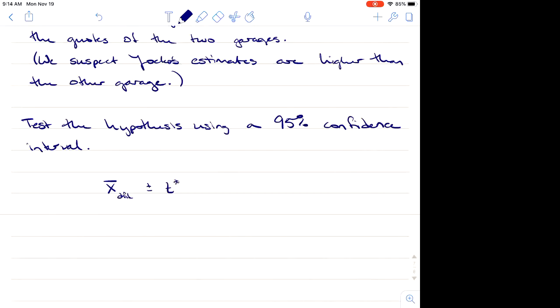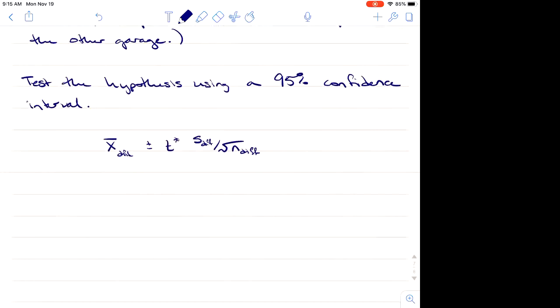We find that t star the exact same way that we did for one sample, times the s of the differences over the square root of n of the differences. We have all these things. And so we need to find t star. Same idea as before.